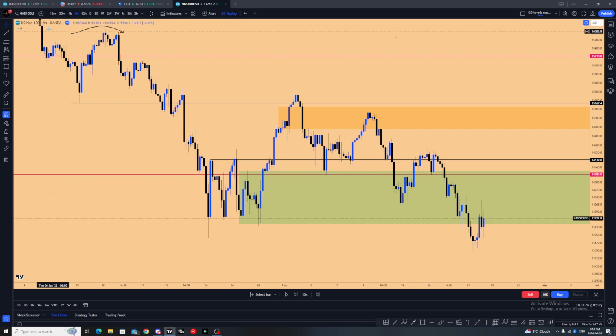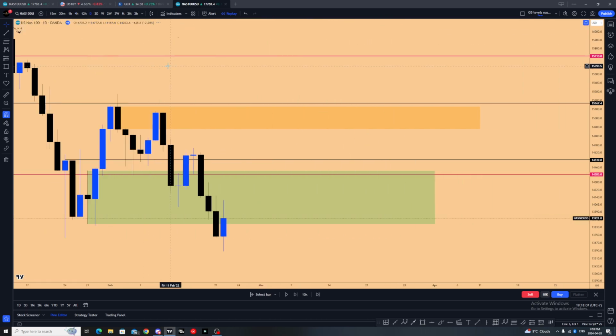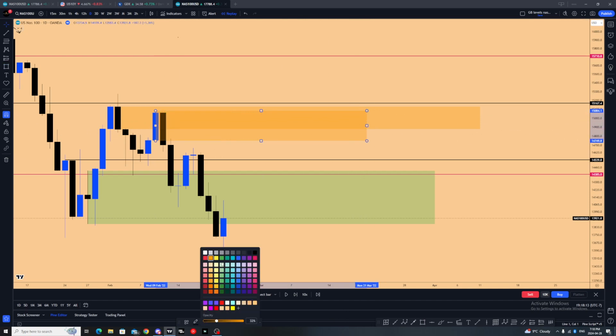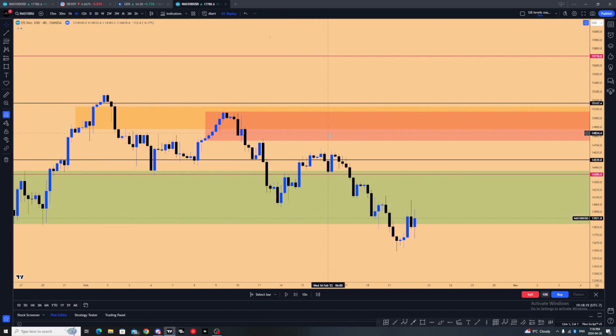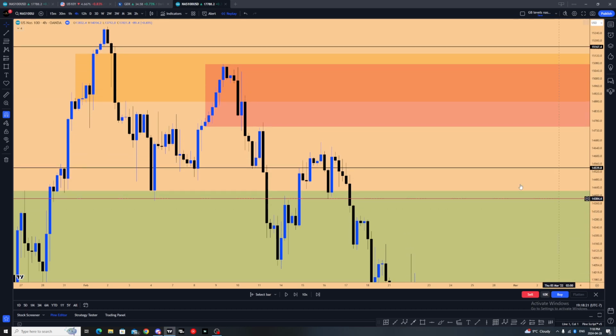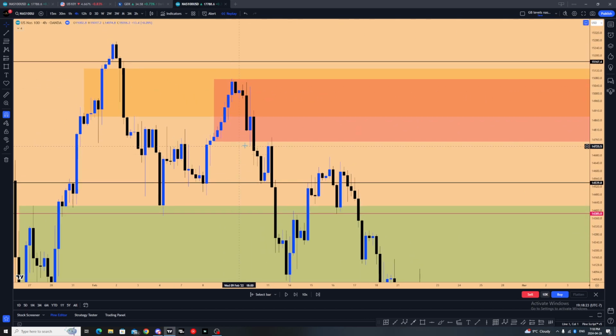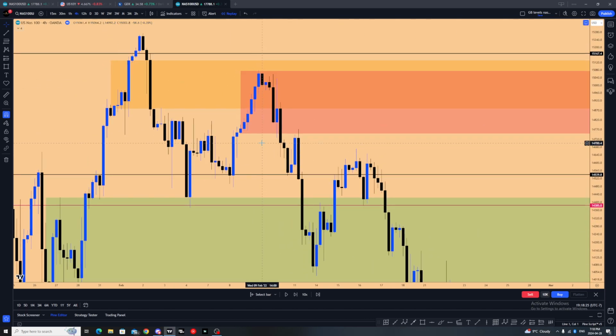So after that daily propulsion block was formed over here, I would recommend going to a lower time frame and looking for rejections happening in the 4-hour chart as well.